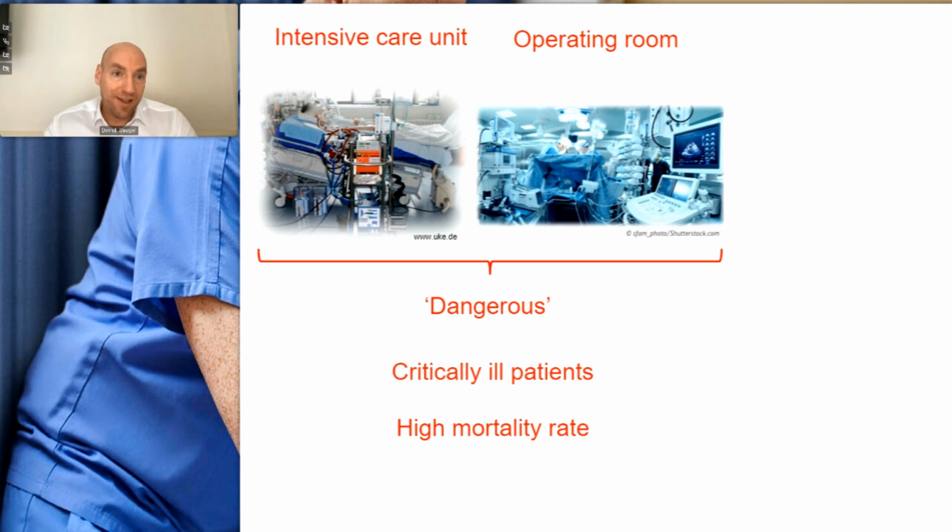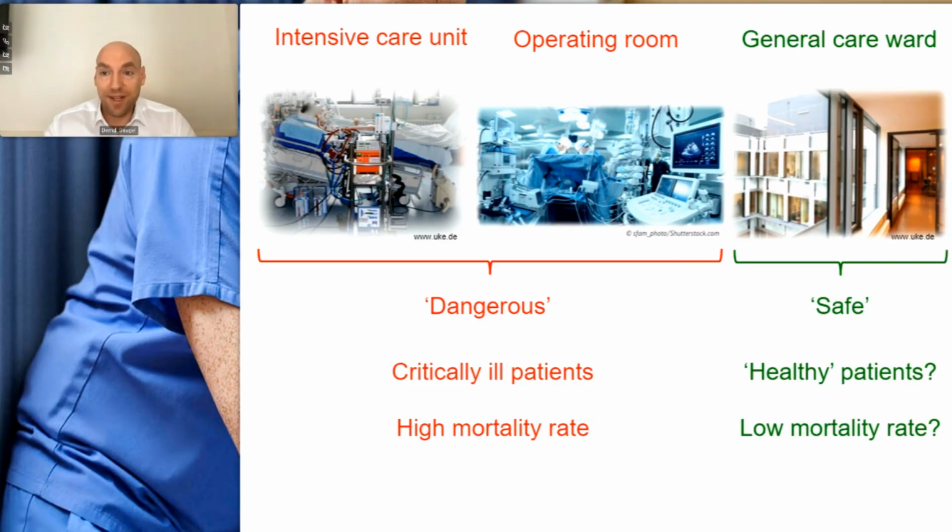And I think during the last decades, we established a thinking of, okay, intensive care units and operating rooms are the dangerous places where patients are critically ill, patients where there's a high mortality rate, and general care wards are the safe spaces, the safe environments within a hospital where the more or less healthy patients are and where mortality rates are low. And this is very, very deeply rooted in our thinking and in our concepts of patient care.